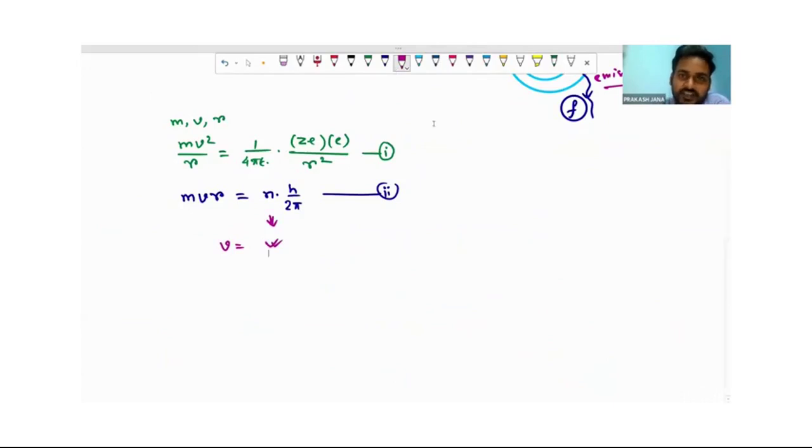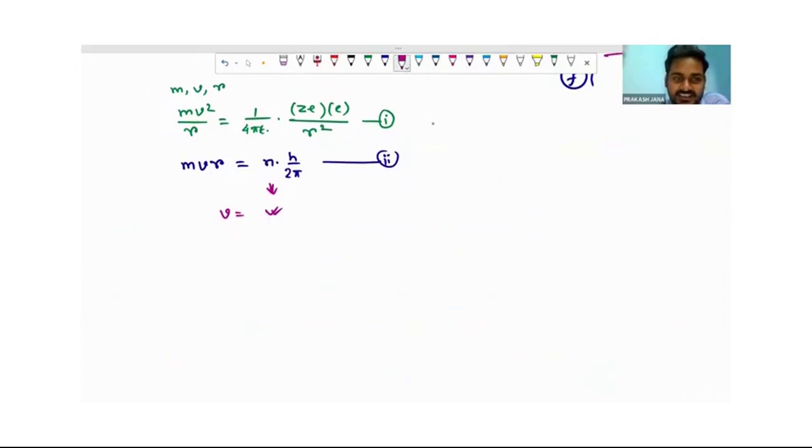Once we know the speed of the electron, we can easily write the expression for kinetic energy of the electron, which is nothing but half mv square. So in our expression half m, there will be some complicated form of velocity, and we will take the square of that. Then we will have the kinetic energy.